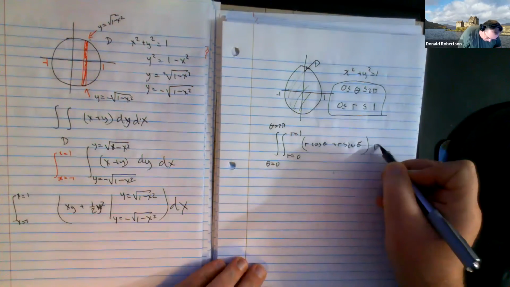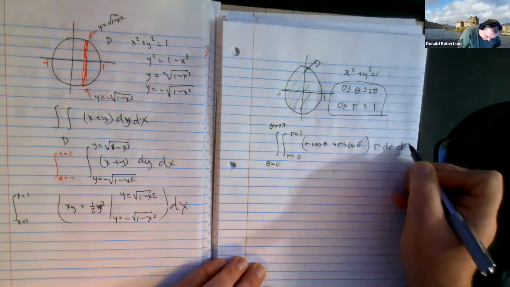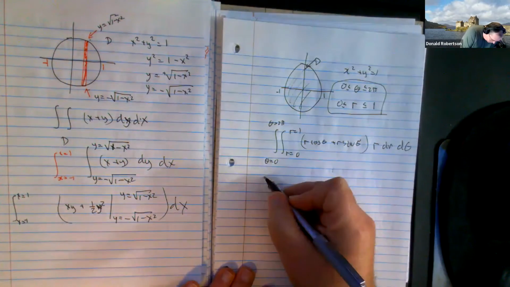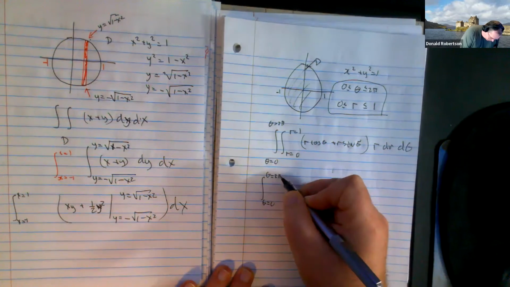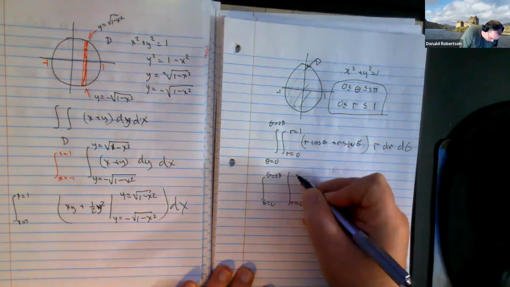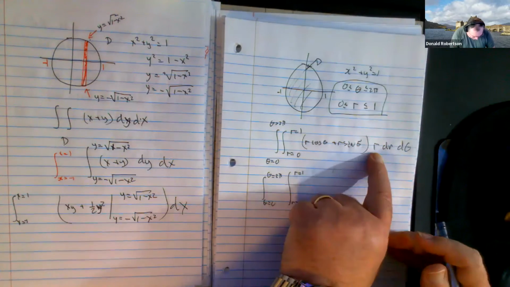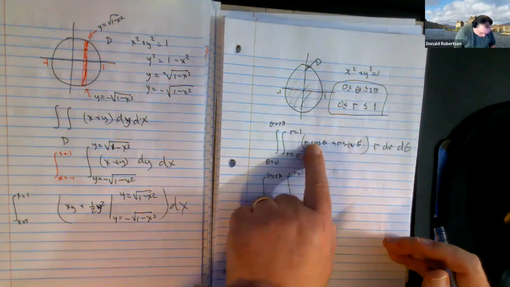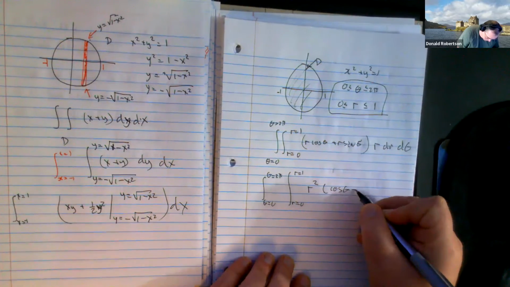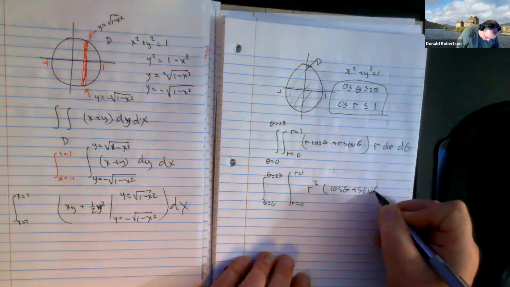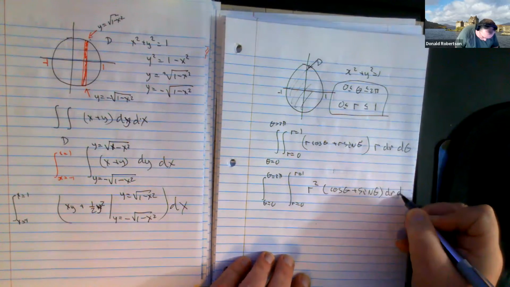And you get an r dr d theta. Now, I'm going to do a little bit more work on this. Can't I pull out an r from here? And so what do you get? You get r squared times cosine theta plus sine theta, and you have a dr and a d theta.